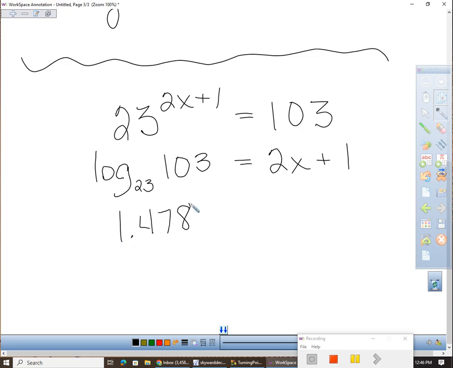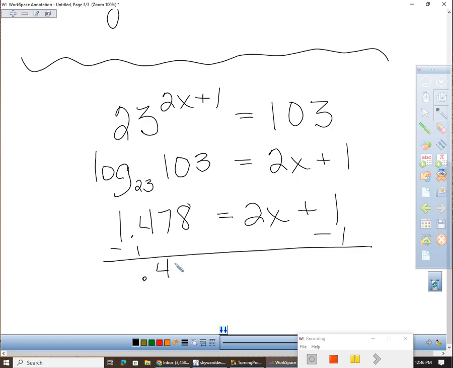Equals 2x plus 1. Now we got to solve for x, so we're going to subtract both sides by 1, right? Subtract 1, subtract 1. So I have 0.478 equals 2x. And now we divide by 2.